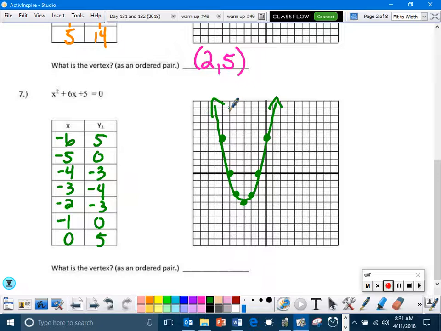And again, all we're looking for is the vertex. The vertex is right here. That's the one in the middle of your table, -3, -4. All right. That's it for page 2. Let's move on.